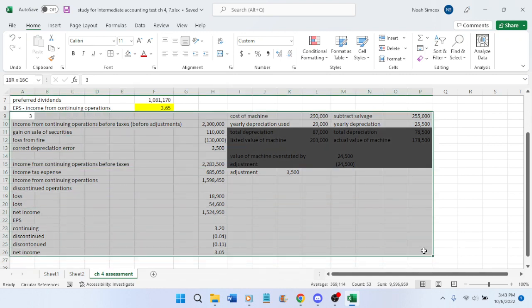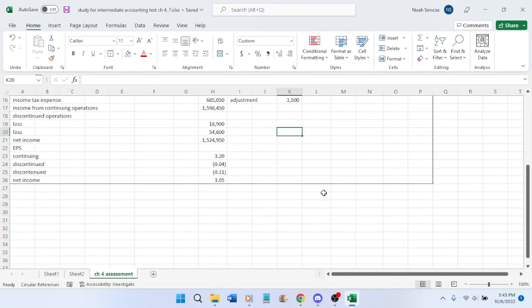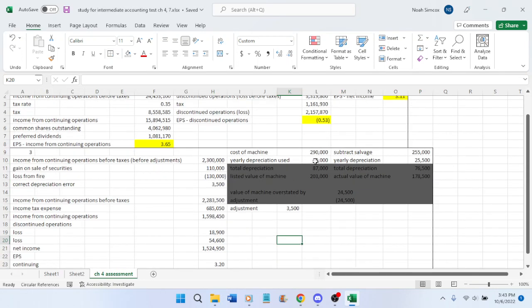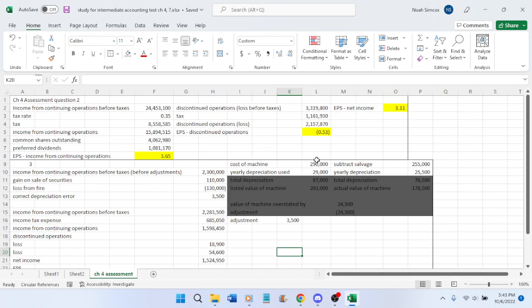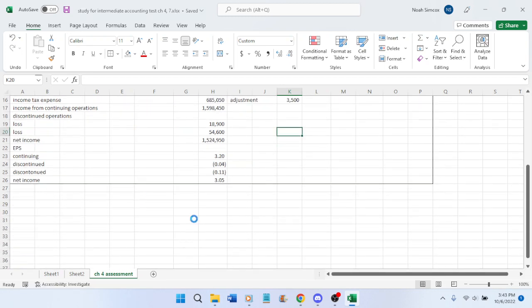Look how much space that took up. What if I'm not prepared for a test?